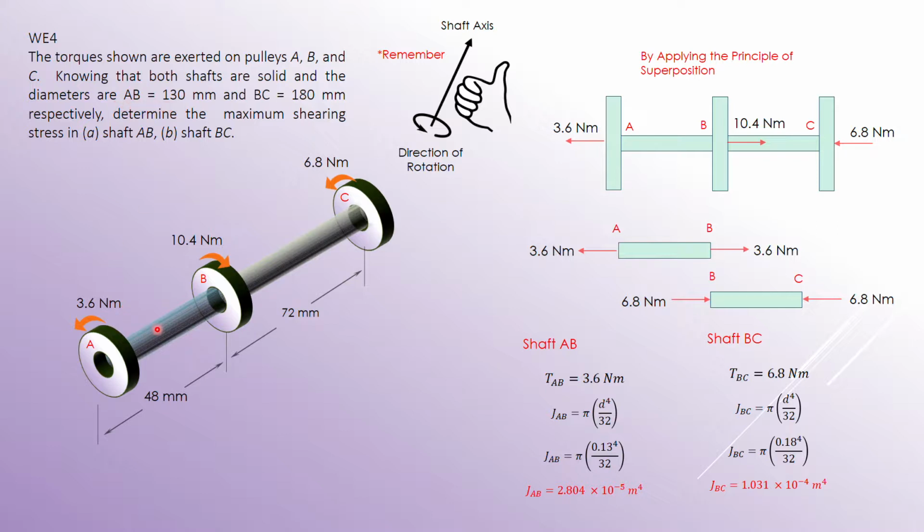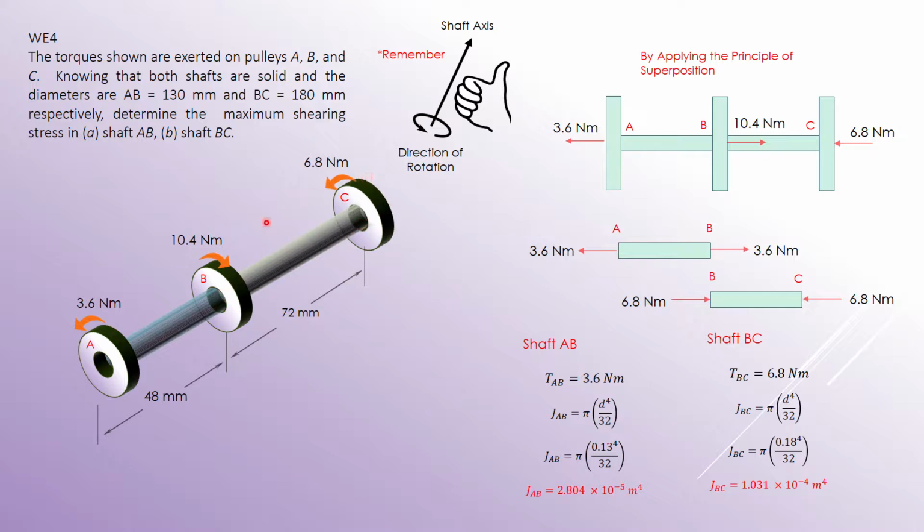The diameter of AB is 130 millimeter, and BC, this section here, is 180 millimeter respectively. Then find the maximum shear stress in each section. It means section AB, how much is the shear stress, and section BC, how much is the shear stress.